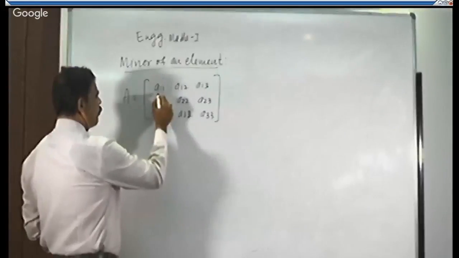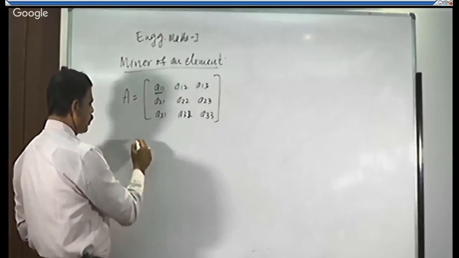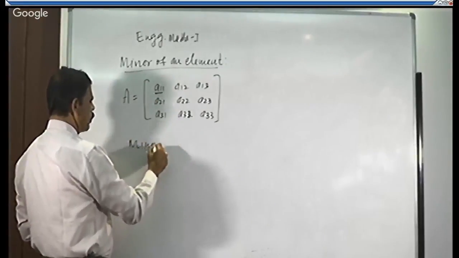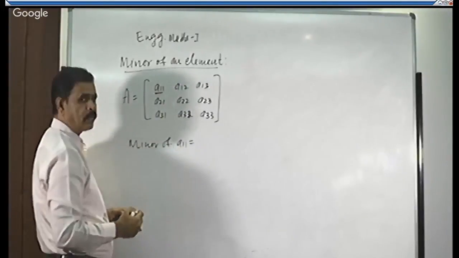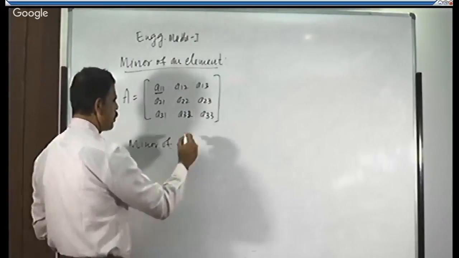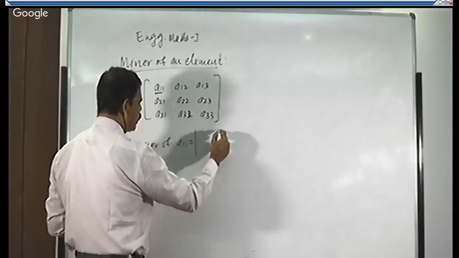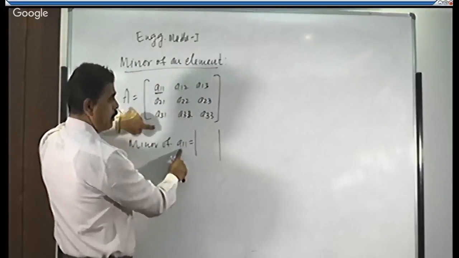Say, if I want to find the minor of A11, it is a determinant value. The determinant is obtained by deleting the corresponding column and row of the element A11.